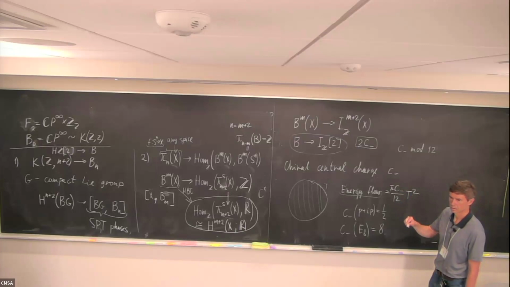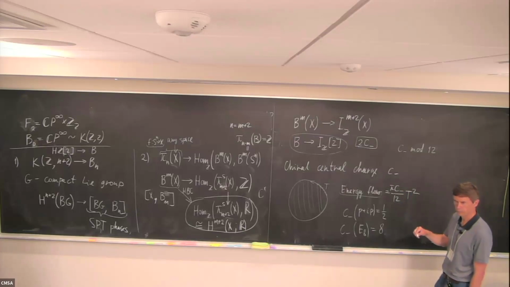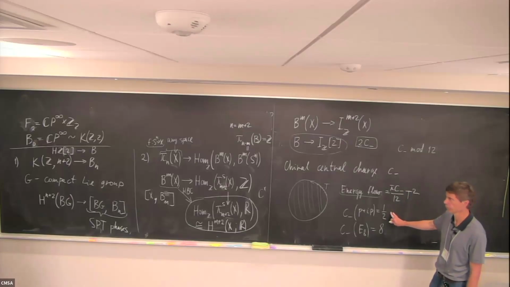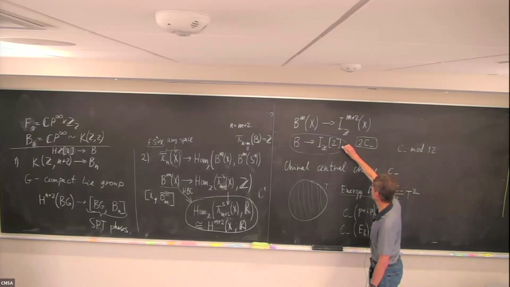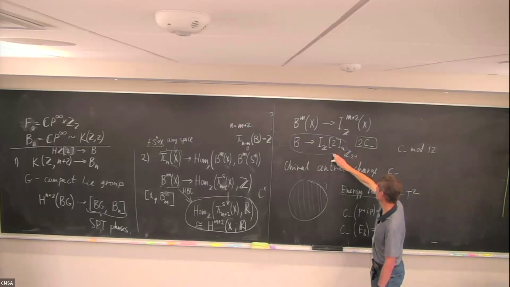Yeah, 2 times c minus, it is an integer for invertible phases. For non-invertible, it's not true. But to make this more clear, it's Z mod 24.